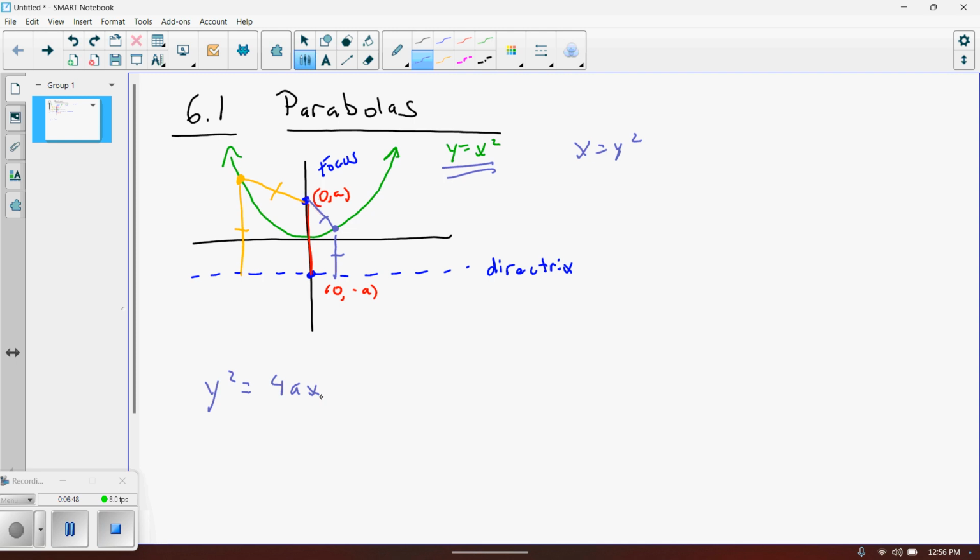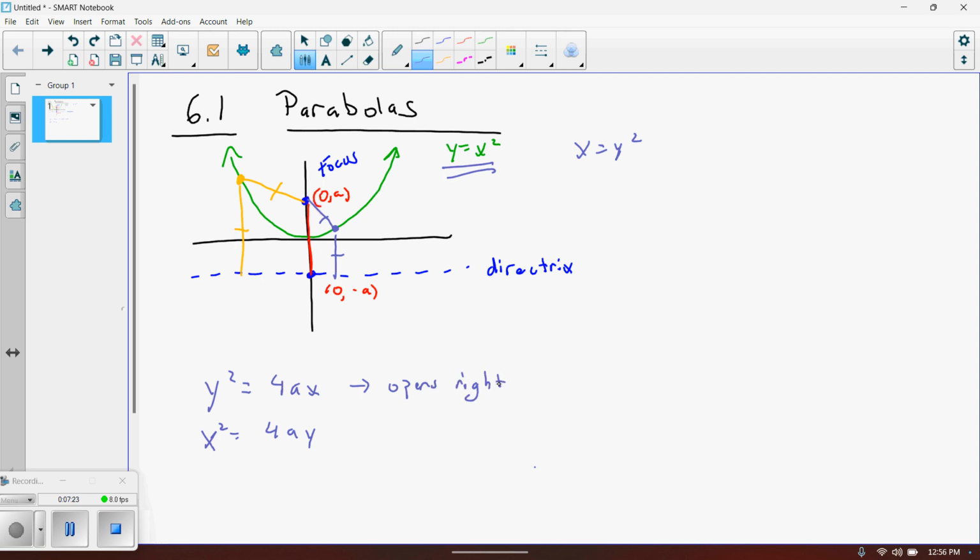If you were doing this with regards to a standard parabola where the x is the part that's squared, same general idea. The only difference now, instead of having an x on the other side, it's going to be a y, so it would be x squared equals 4ay. Okay, and that's it. Now, this would be a parabola here that opens to the right.